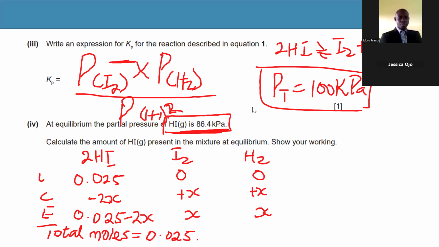So for the mole fraction, you do 0.025 minus 2x over 0.025, times 100 times 10 raised to the power of 3.